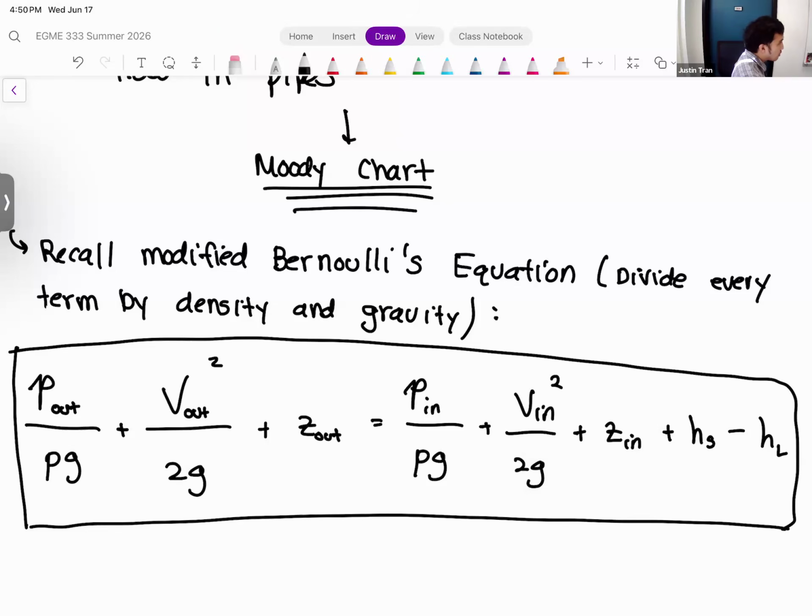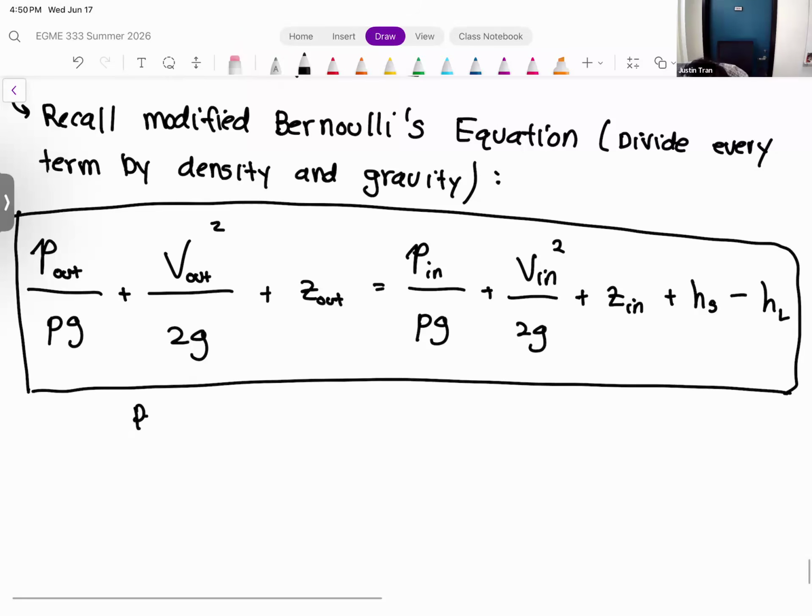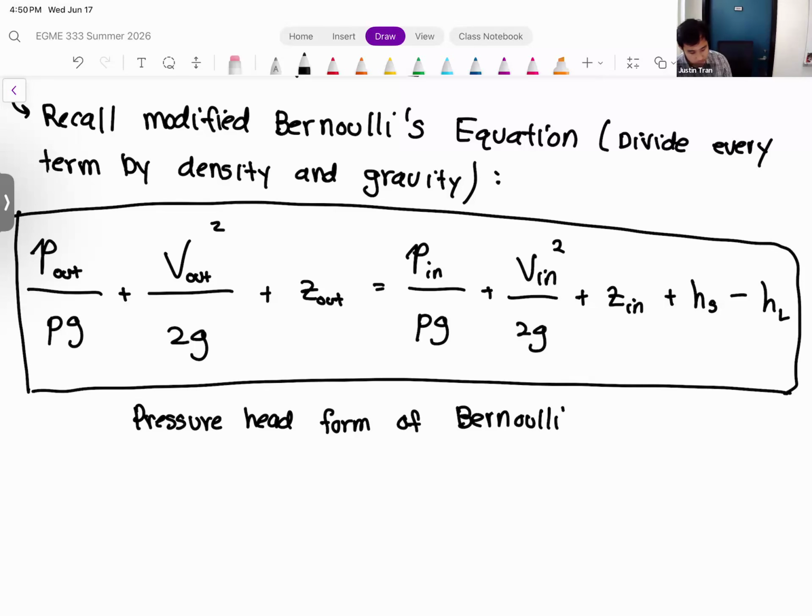So this form of the modified Bernoulli here, we call the pressure head form of Bernoulli, where every term in this expression has dimensions of length.